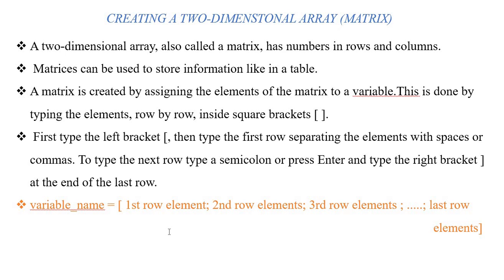That is in a column vector form. So like that, you could create. That format is a variable name equal to first row elements, semicolon, second row elements, semicolon, third row elements, semicolon, etc., the last row elements.